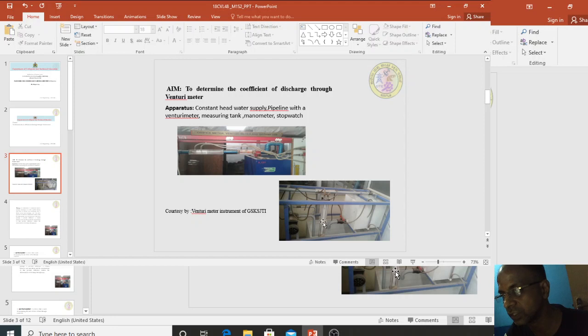And this is the Venturi meter. You can see there is a Venturi meter here. This diameter is equal to this pipe, and this diameter is equal to this pipe, and this is the varying diameter. This is your Venturi meter, and this is your manometer head, where the head of flow of mercury is recorded.